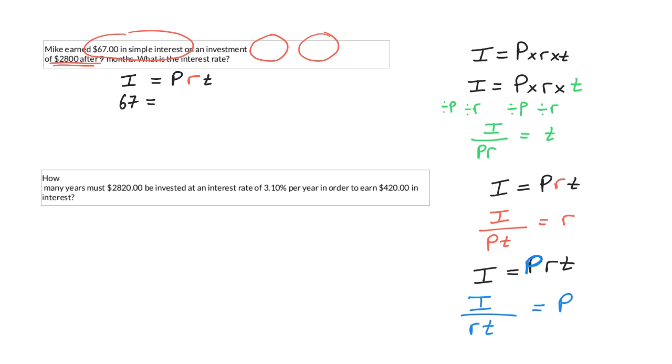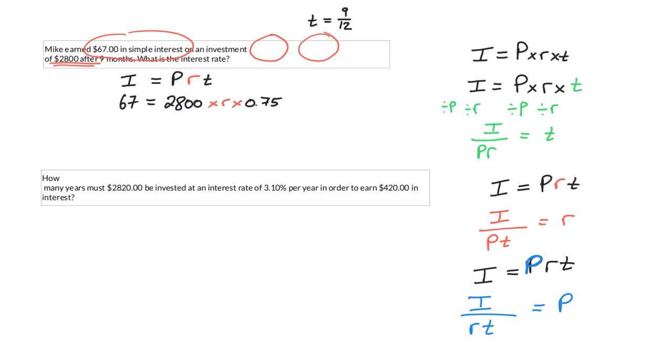The original amount he put in was $2,800. I don't know my R, and the time he put in was 9 months, but to change this to years, I have to divide by 12, right? There's 12 months in the year. If you put 9 divided by 12 into a calculator, our term ends up being 0.75 of a year.